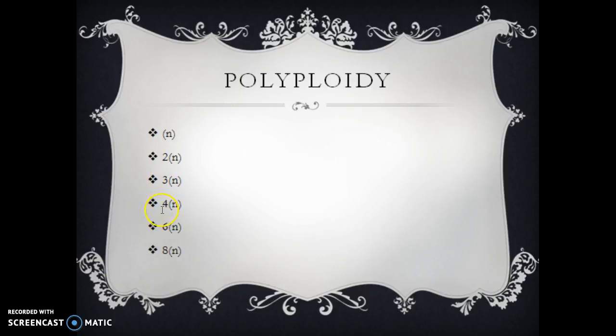A tetraploid zygote could exist if it failed to divide after replicating its chromosomes. So we get a copy of the chromosomes from mom, we get a copy of the chromosomes from dad, so that's 2N, and then keep in mind that that zygote then goes through the cell cycle.